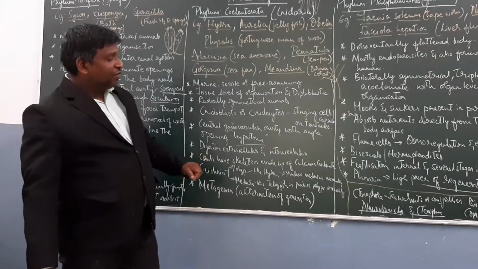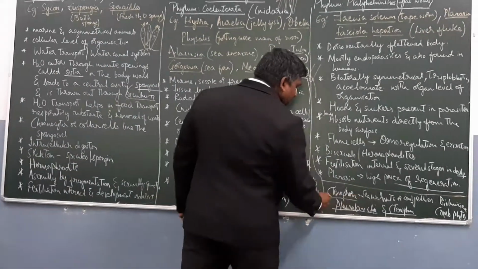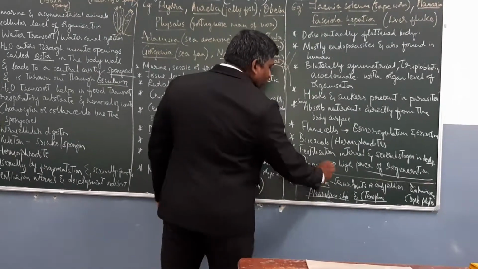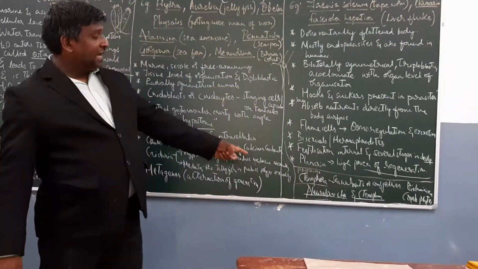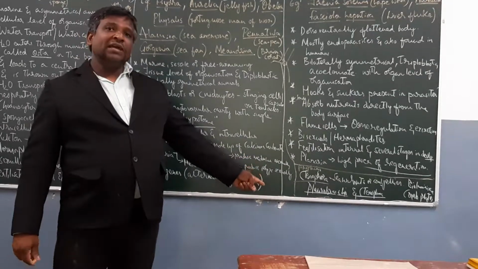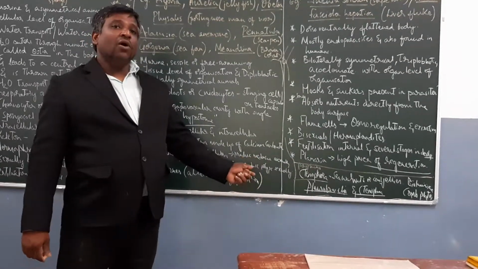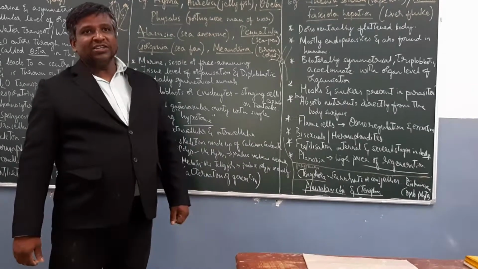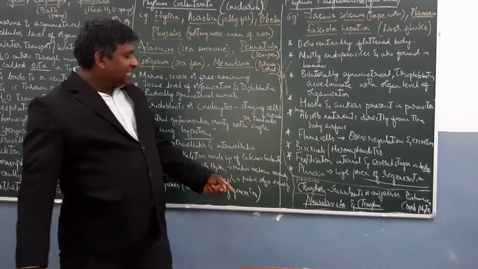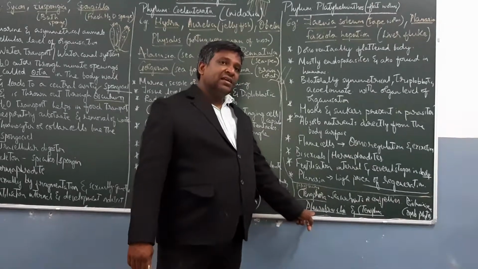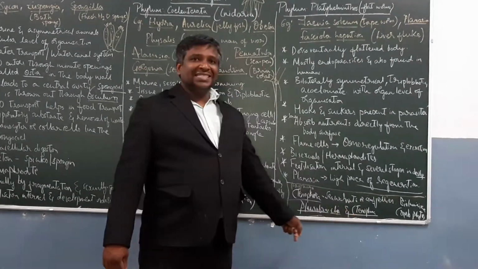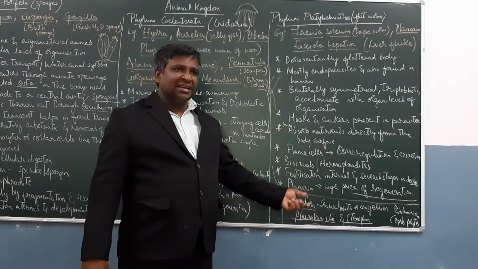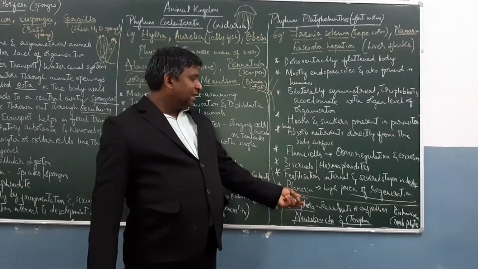Now there is one more phylum, a very small phylum, phylum Ctenophora, before phylum Platyhelminthes. They are commonly called sea walnuts or comb jellies. The examples are Pleurobrachia and Ctenoplana. They exhibit a diploblastic condition and are biradially symmetrical.